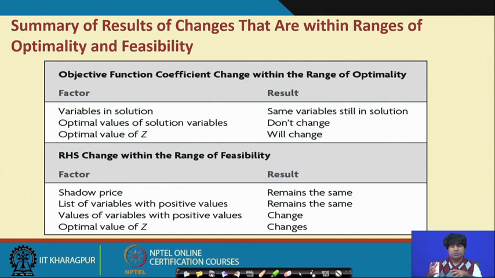Initially, there may be, let us say, only 2 variables in the original optimal solution, and with the change you will find all 4 decision variables in the solution. This helps address the problem and come up with a solution that is economically feasible, socially sustainable and environmentally sustainable.